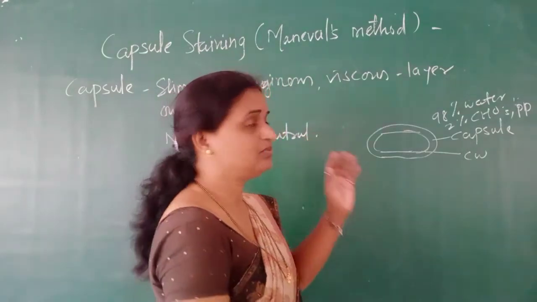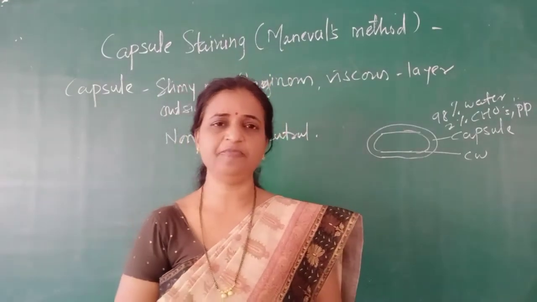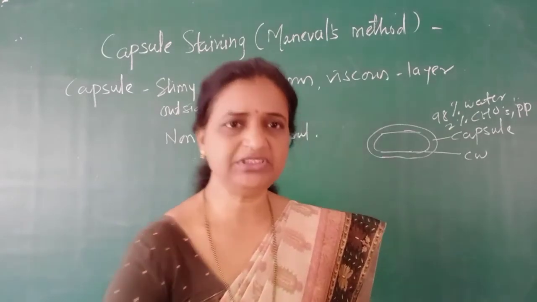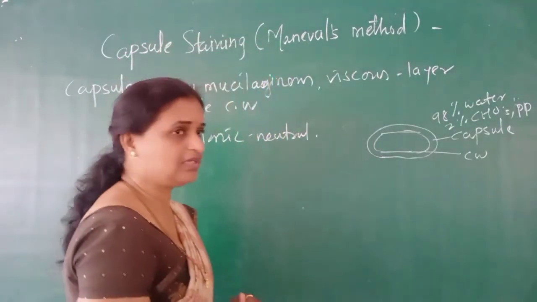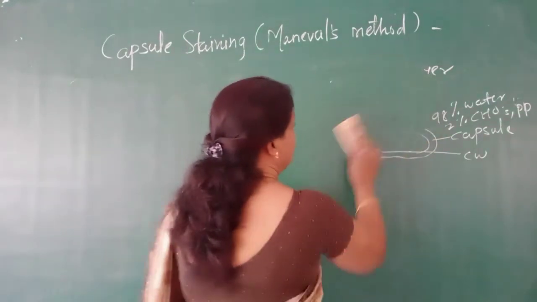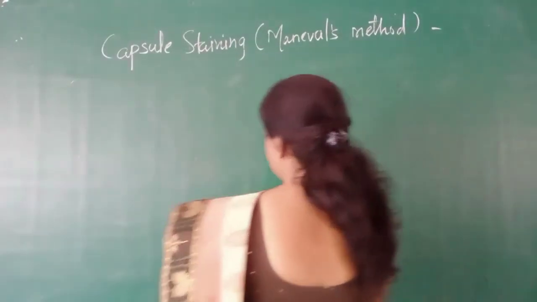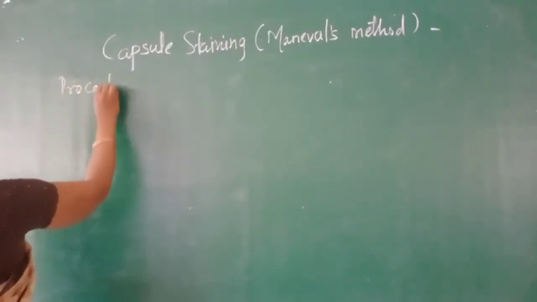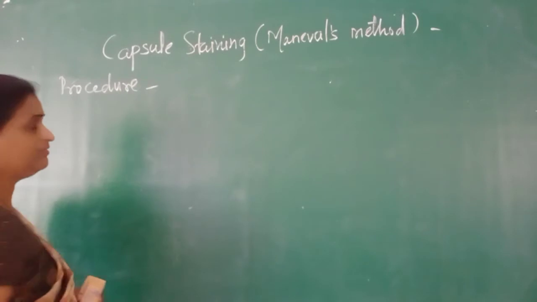Today we'll see the special staining used for capsule staining, and that is Maneval's method. Now what is the procedure behind Maneval's method and how to demonstrate a capsule by using it.